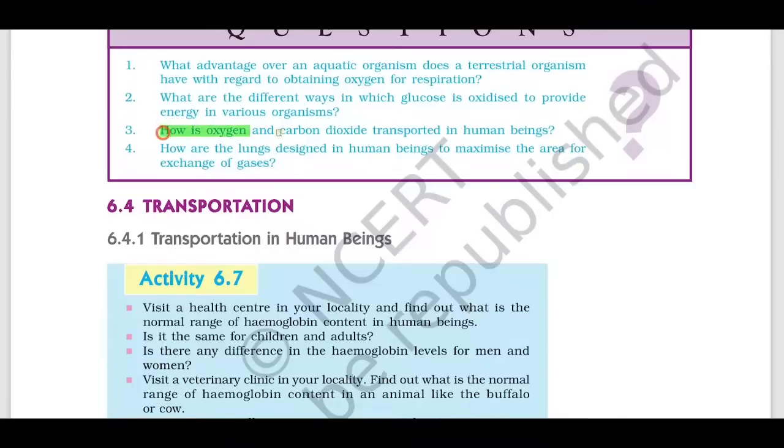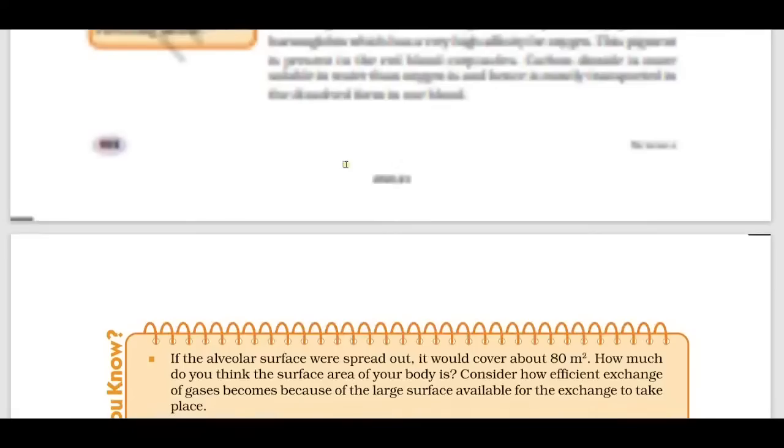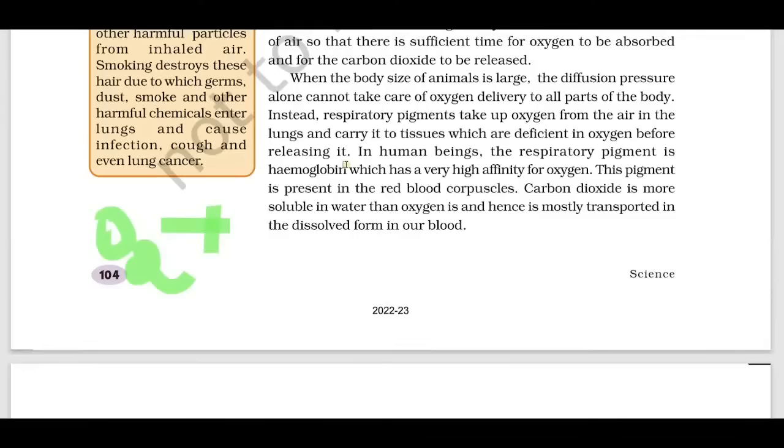How are oxygen and carbon dioxide transported in human beings? Oxygen is carried by the respiratory pigment hemoglobin, whereas carbon dioxide, which is soluble in water, is mostly transported in dissolved form in our blood itself. So the transport of oxygen and carbon dioxide in human beings is a very important question.